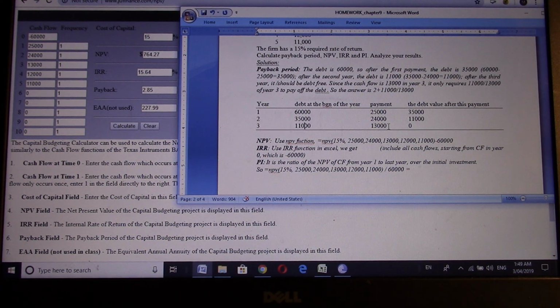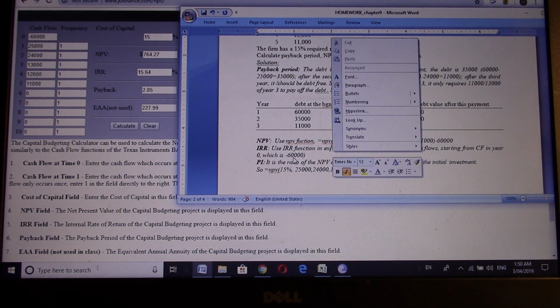So you don't need the whole year to pay off your debt. Only part of the third year you need to work for the debt, but the rest of the third year is the money you made for yourself. So the answer for this question should be 2.85. You use $11,000 divided by $13,000. It should equal 0.85.